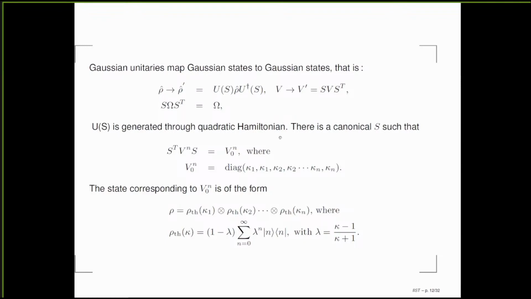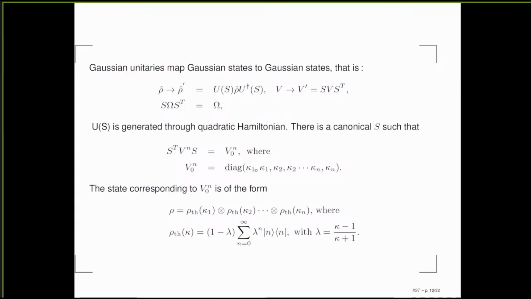So some known results in this regard is that you can always find an S. Say for instance, for an N mode Gaussian state, you can diagonalize it using an appropriately chosen canonical transformation, such that you get this diagonal matrix. Note that these things come in pairs: kappa 1, kappa 1, kappa 2, kappa 2. Basically, these are the variance matrix entries in its diagonal form.